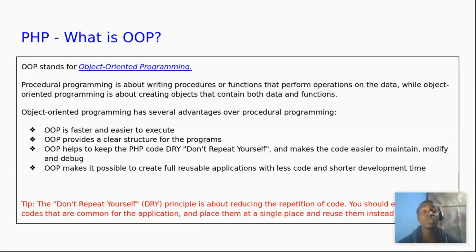Say I have a user class that has some user methods, the user login, user register, and so on. I can use this class in several other projects without having to modify anything.